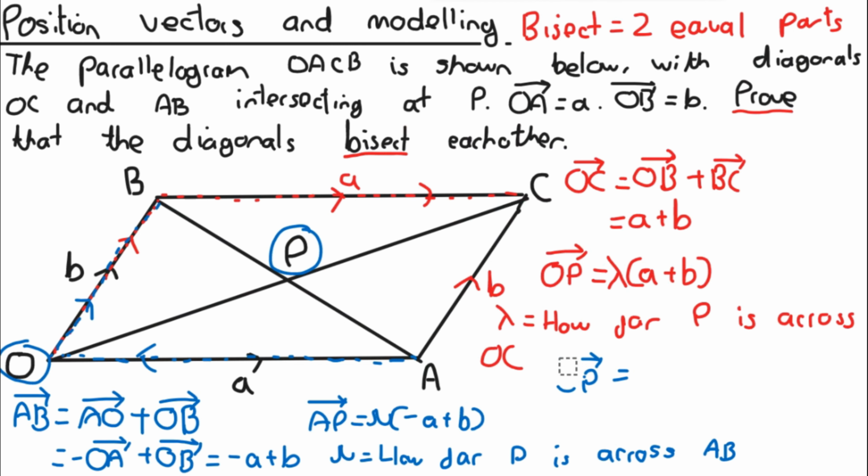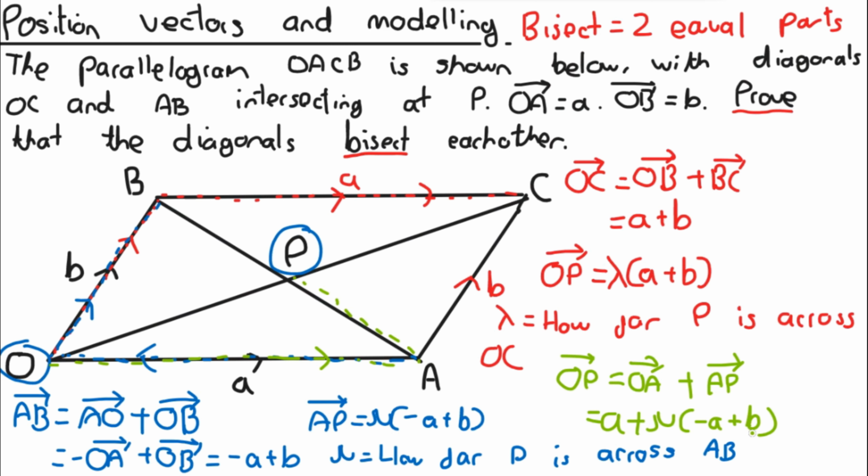So let's do OP is equal to, so let's go across like this to A. We're going in this direction, so it's OA. And that's going to be plus AP, because we're going up like this, plus AP. And this is going to be equal to, we're going in the same direction, so this is fine, so this is going to be A. And we're going in the same direction as AP, so we can just add this. A plus mu of minus A plus B.